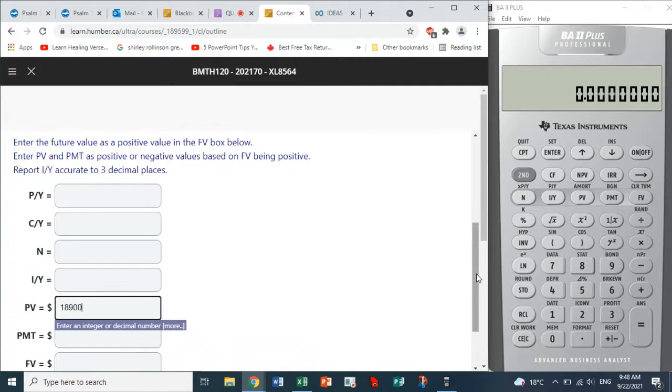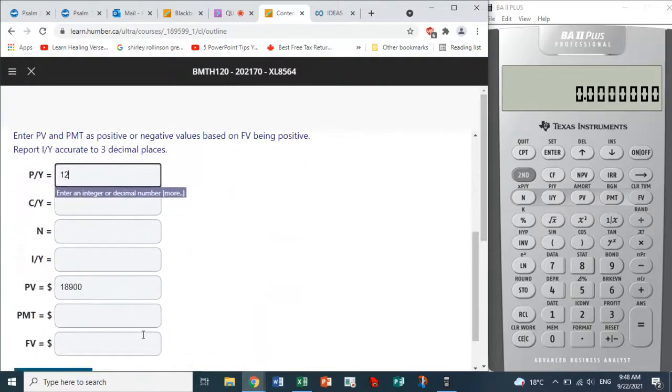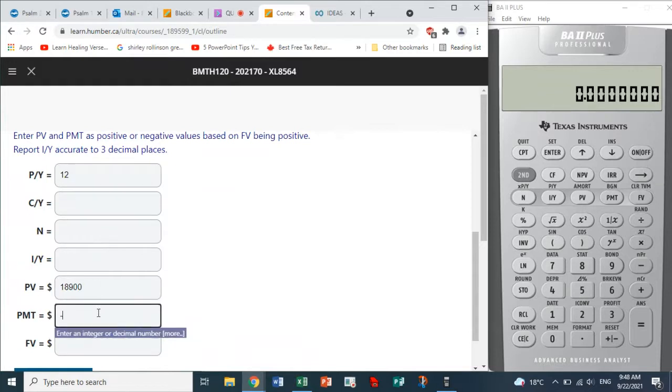$18,900. All right, so what happens now? Suppose she plans to continue by adding $301 at the end of every month. So end of every month, that means she's doing it 12 times per year, and it's $301, which would go in here. So let's put that payment as negative.